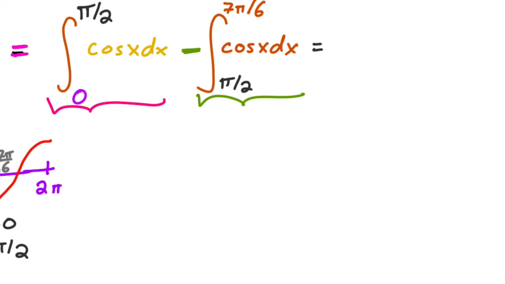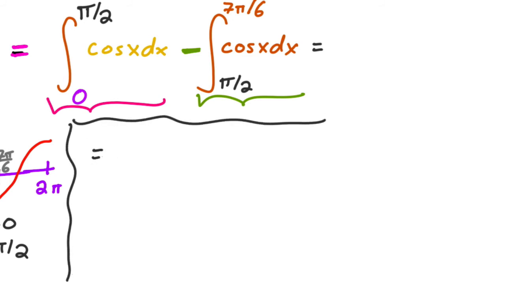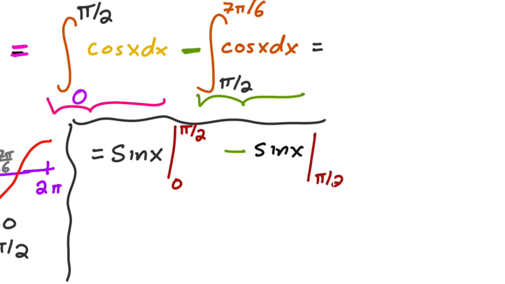The antiderivative of cosine is sine of x, so this is going to equal sine of x evaluated from 0 to pi over 2, and then minus sine of x evaluated from pi over 2 to 7 pi over 6.